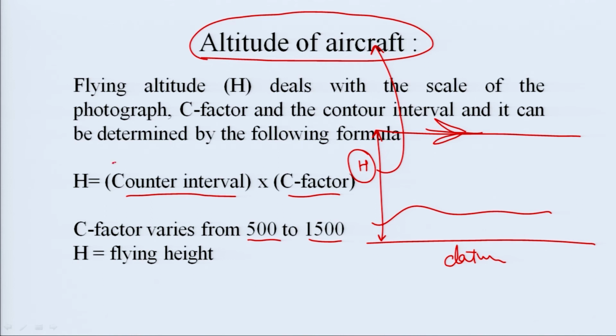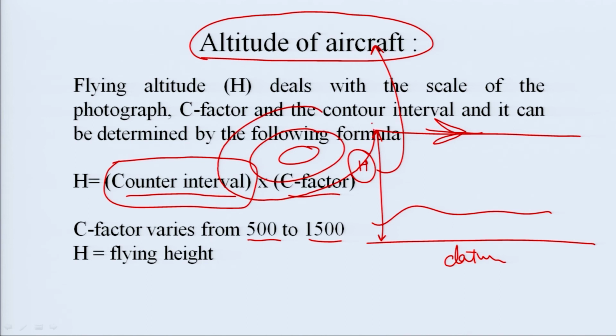What is contour interval? First, what is a contour? A contour is a line joining points of the same elevation, in this way, and the distance between two different contours is known as the contour interval.